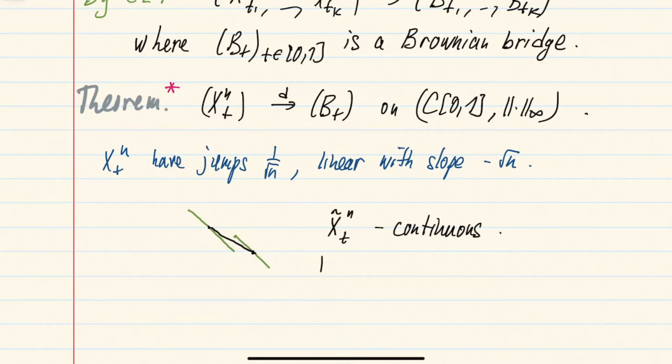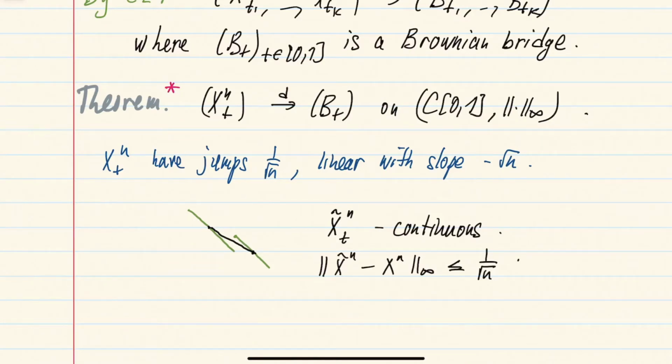And moreover, the difference between X tilde and X uniformly, in the sup norm, will be bounded by the size of the jump, which is 1 over square root of n.